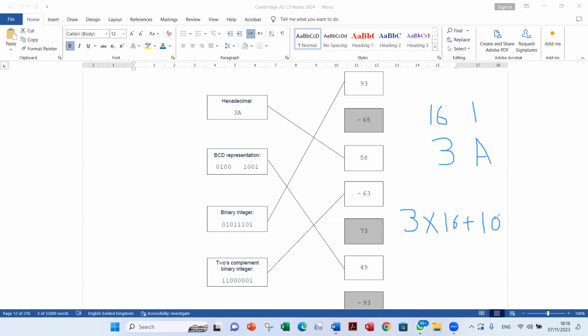So 3 by 16 is how much? 3 by 16 is 48. You have to study and memorize the 16 multiplication table, because you will be doing that without a calculator, and you need to do that fast and accurate. So 48 plus 10 is 58, and that is the answer.